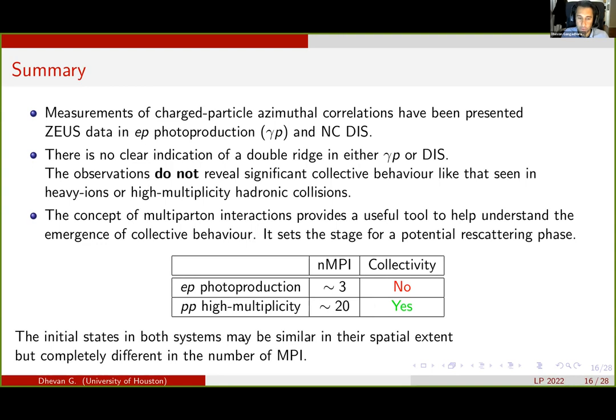So the initial states of both systems might be similar in their spatial extent, because in photoproduction, the exchange photon splits off into a quark and gluon extended system, which then can scatter with the proton over the entire size of the proton. So just like in pp, they can have similar spatial extent, but they are completely different in their number of MPI. Okay, that's all I have to say.